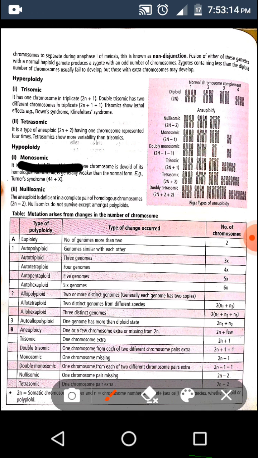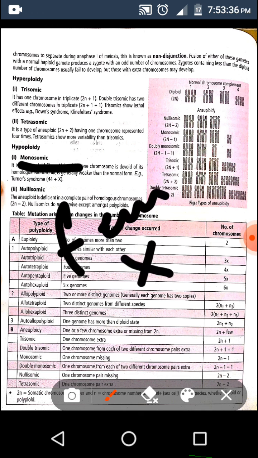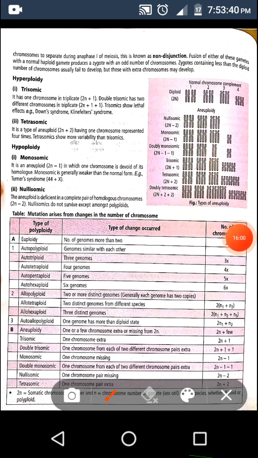If we observe one chromosome less in a set, then we call it monosomy. In individuals, we observe syndromes like Turner syndrome, which mainly happens in females. A female with only one X chromosome instead of two. The loss of one X chromosome results in the hypoploidy condition in an individual.